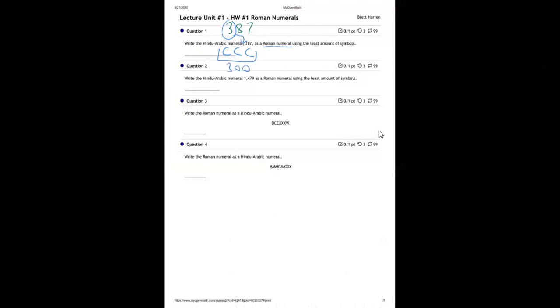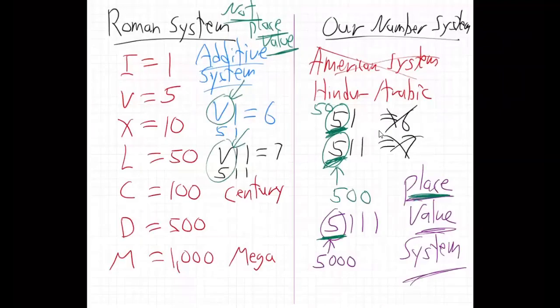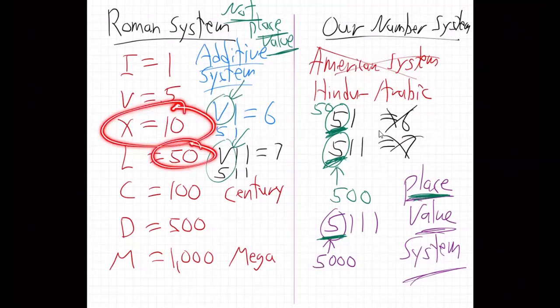Next, the 80. Let me roll down and think about how am I going to do the 80. Now 80, could I just do 8 of these X's? No. What's a better way? L. Yeah, use the L. That'll get you 50, and then just use 1 L and then 3 of those X's, right?